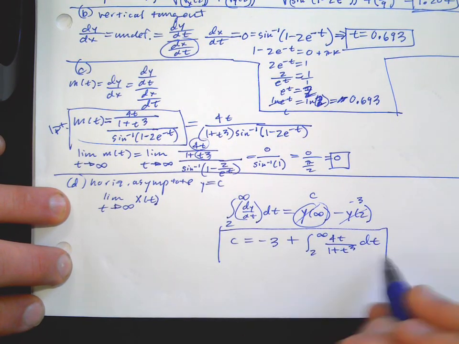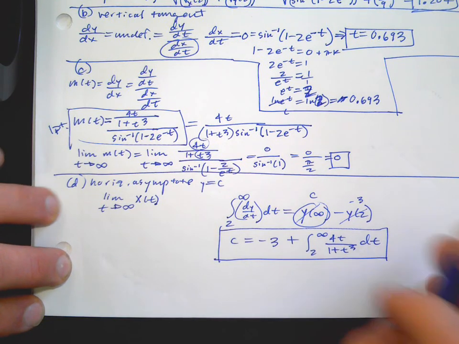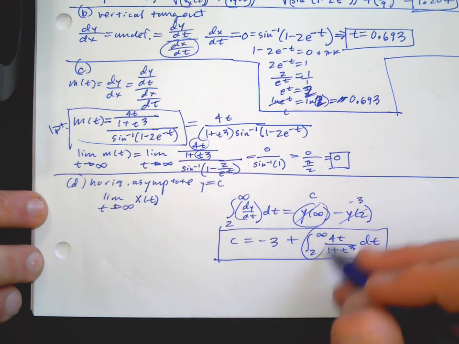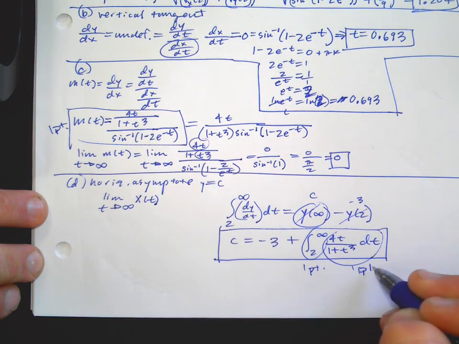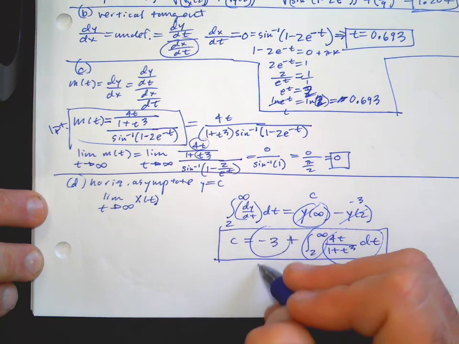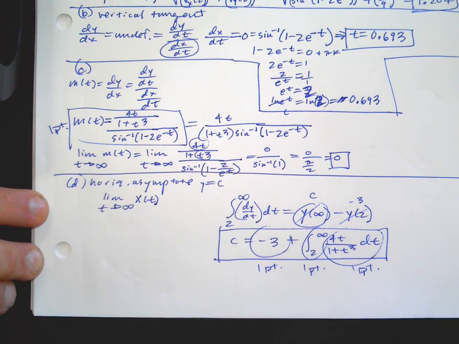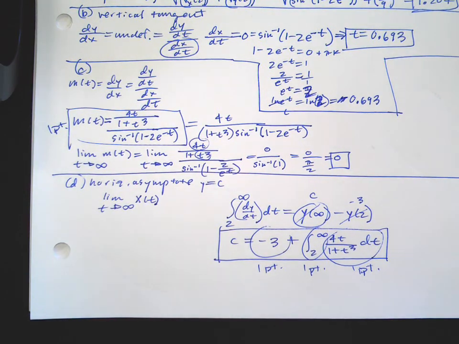So that was kind of weird, tricky. 1 point for the limits, 1 point for the integrand, 1 point for the initial value, and there we go. That was kind of weird.